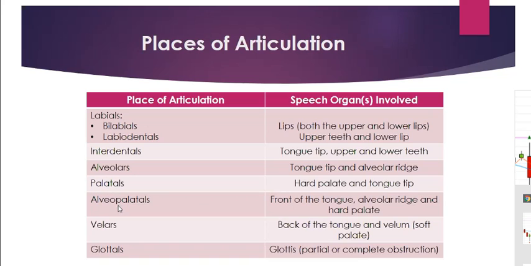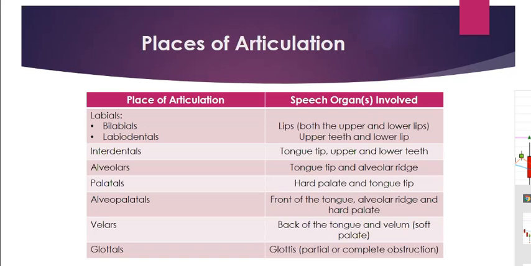Why alveopalatals? Because they are made up of two different sounds. The first one is alveolar and the other one is palatal. So t and sh, or d and j. These two sounds make up this alveopalatal thing.